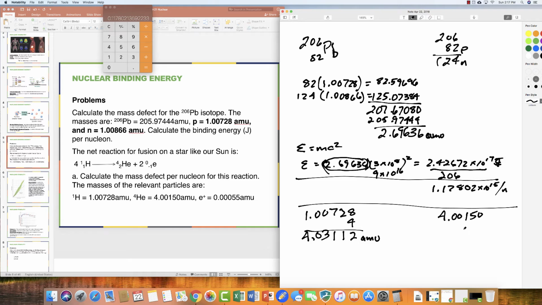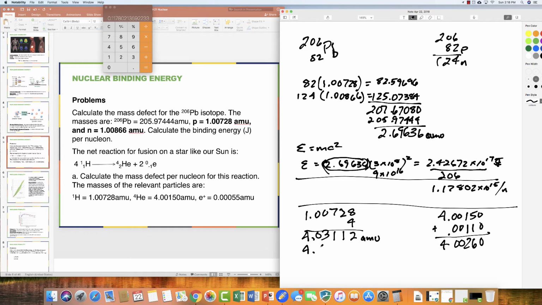And we end up on this side with 4.00150 AMU plus 2 electrons, which is 2 times that, which is 0.00110. So if we add that together, we get 4.00260.